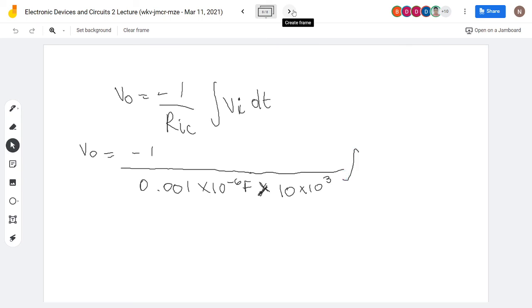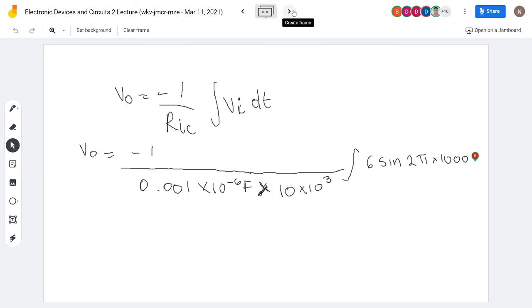Okay, what is Vin? So from the question, Vin was given, it's a sine wave which has a frequency of 1,000 hertz. It has a peak voltage of 6 volts. So it's going to be 6 sine 2 pi times 1,000 t.